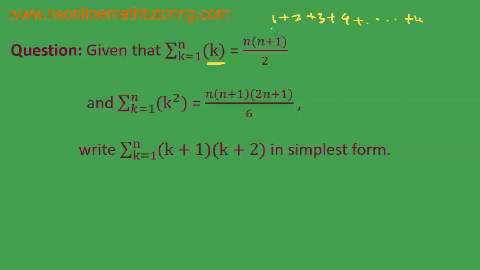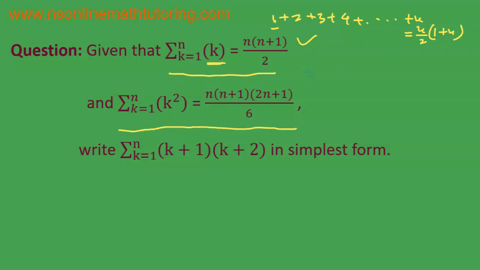Obviously, the first term is 1 and the common difference is also equal to 1, and there will be n number of terms. Therefore, the sum total of the first n terms will be n over 2 times the first term plus the last term. This is the thing that they have given. Instead of 1 plus n, they have written n plus 1. You don't have to show this. This is given. Okay.